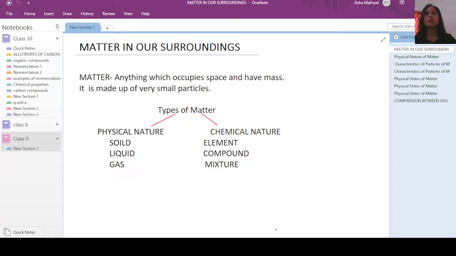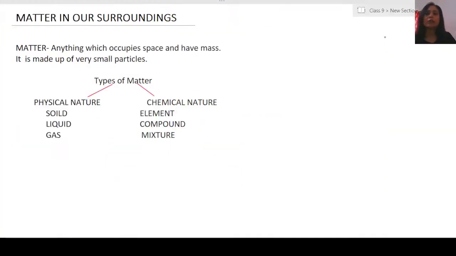Now, matter in our surrounding, it is basically a chemistry chapter in which we will try to understand the matter around us. Now, if I ask you to list out the things which are present in your surrounding, some of you will say that there is a table, some of you will say there is a chair, there is a pen, there is fan, there is TV, right?